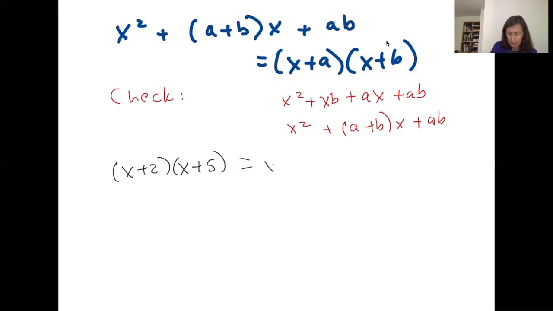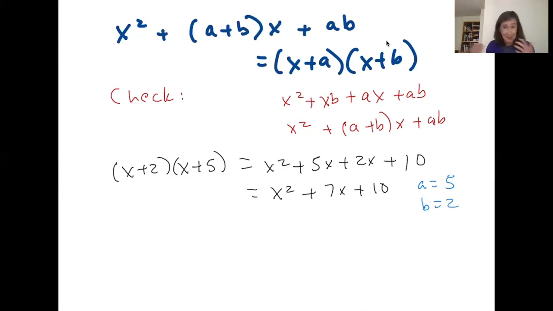I get x² + 5x + 2x + 10. That is x² + 7x + 10. Okay, this fits our form here. We've got a is 5, b is 2, or you can switch them around. Doesn't matter which one's a and which one's b.